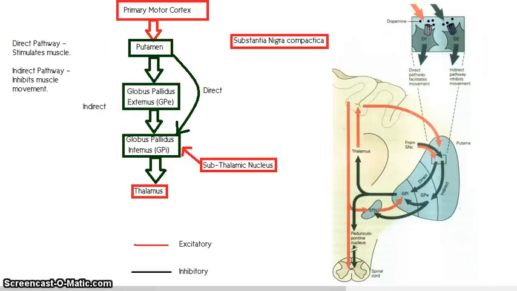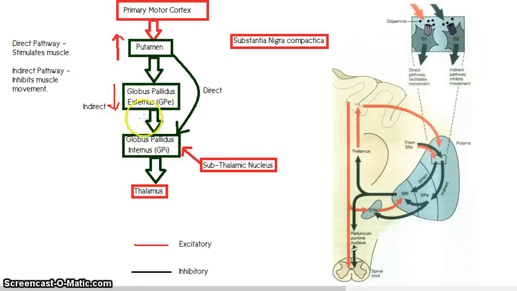So flow down the indirect pathway. Once again, the putamen activity is going to be increased. That's going to increase the inhibition towards the globus pallidus externus. So an increase of inhibition decreases this nuclei's activity.